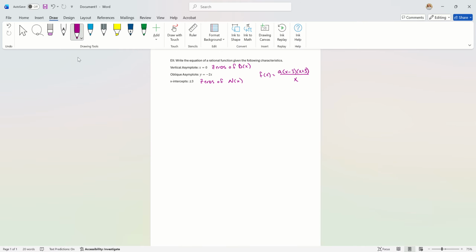Now, how do we determine the oblique asymptote? Let's think about that. The oblique asymptote is given by dividing the numerator by the denominator. So, in lesson 3.3, we talked about the division algorithm.